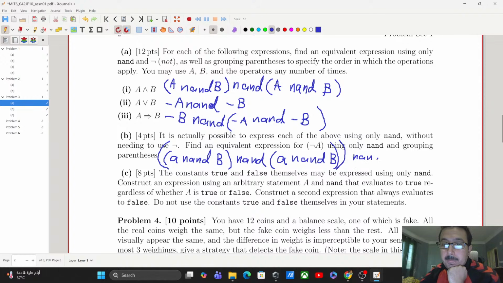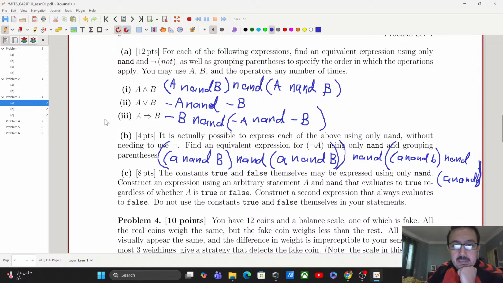And itself, A and B, and A and B. Oh my god.